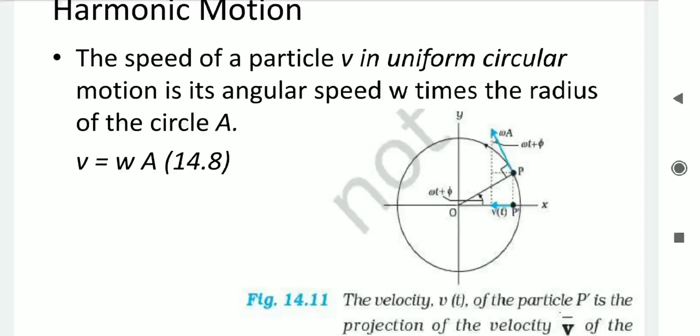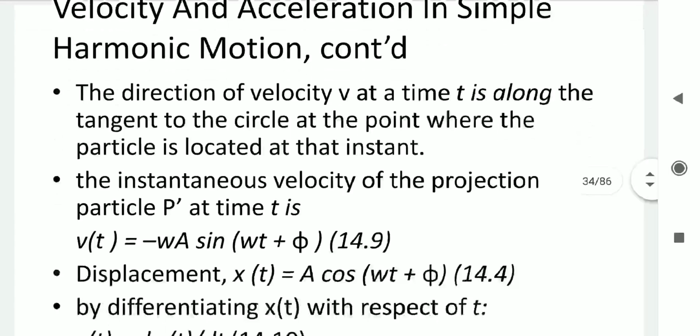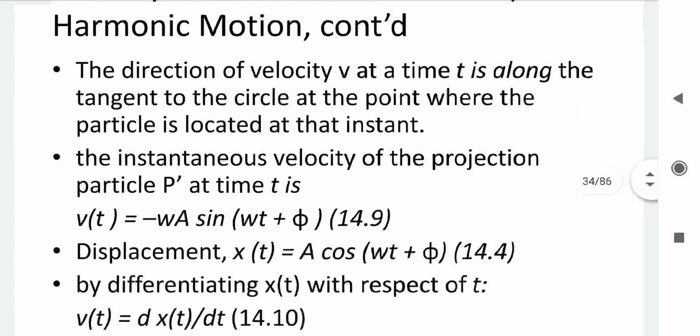So the velocity component is minus omega a sine of omega t plus phi. Here the negative sign indicates that the particle is moving away from the reference line, the plus x-axis. So the velocity is v of t equals minus omega a sine of omega t plus phi. And from this graphical representation we are able to get the velocity value. Earlier, in the displacement topic, we defined the displacement equation x of t equals a cos of omega t plus phi.